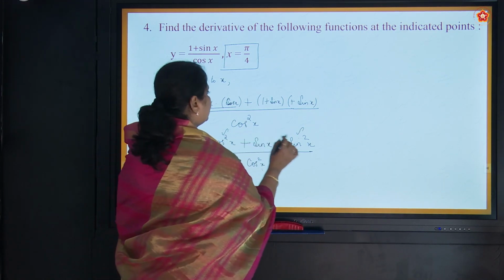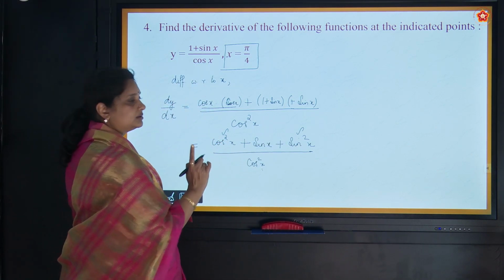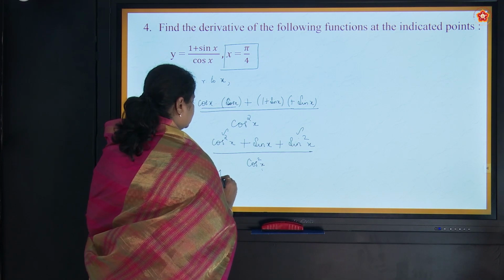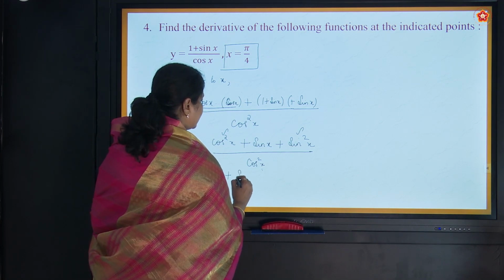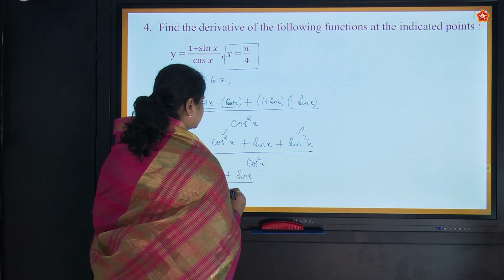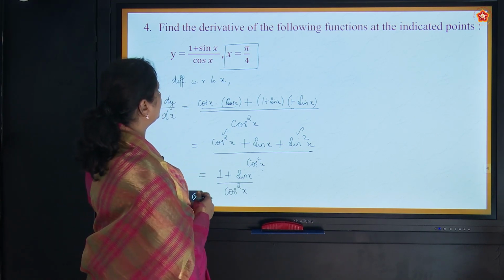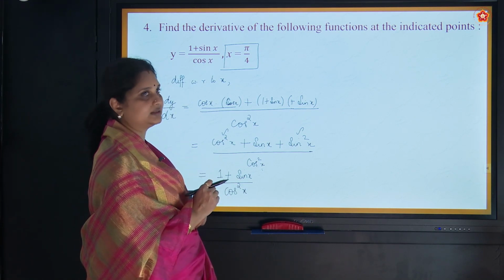Here we have cos square x plus sin square x. So you get 1. Cos square x plus sin square x gives you 1 plus sin x by cos square x. So this is the derivative you get when you differentiate y is equal to 1 plus sin x by cos x.